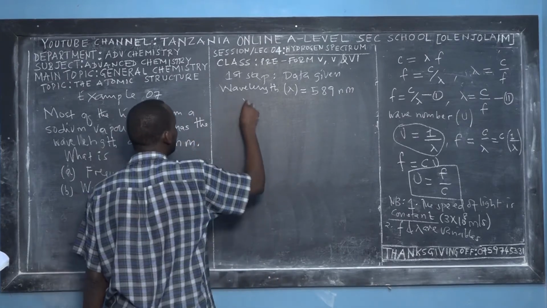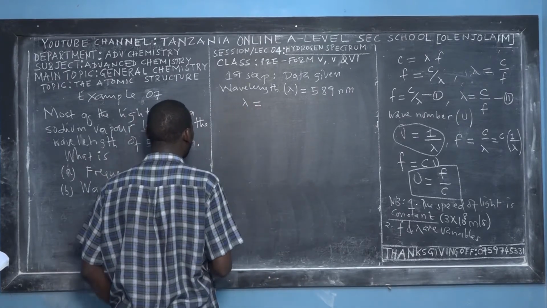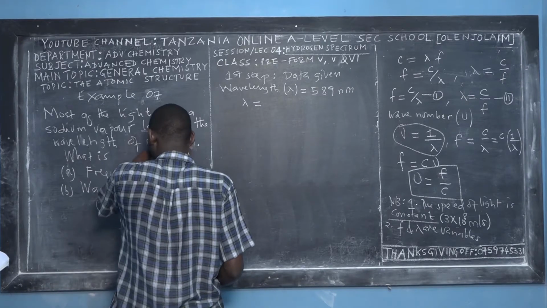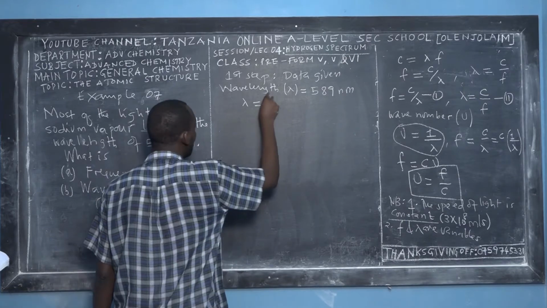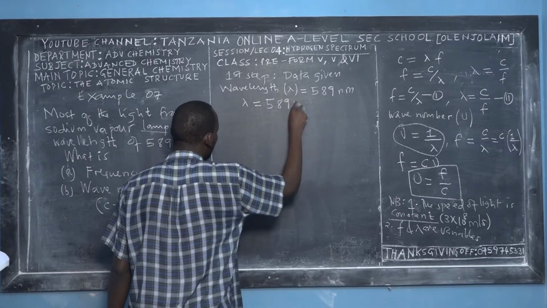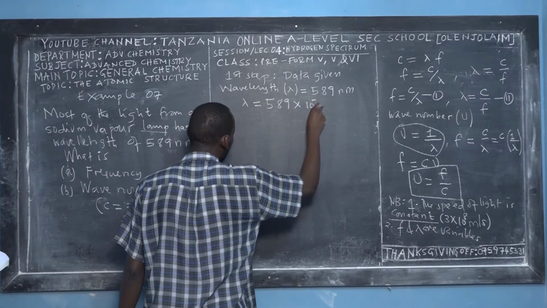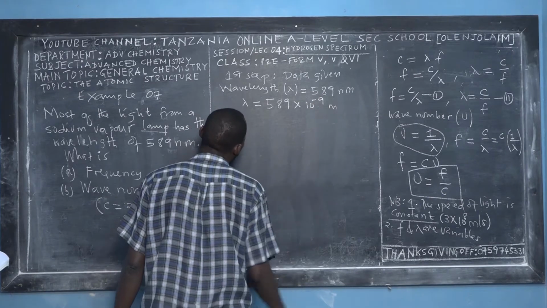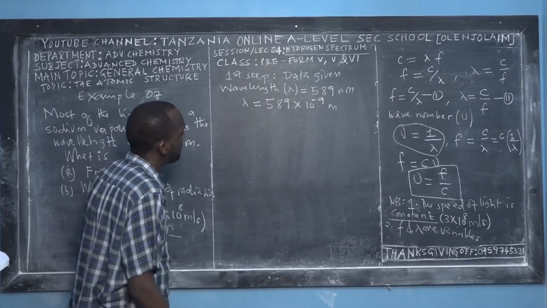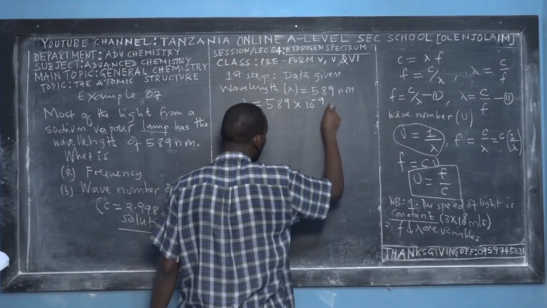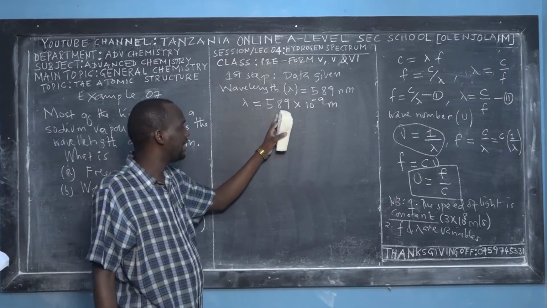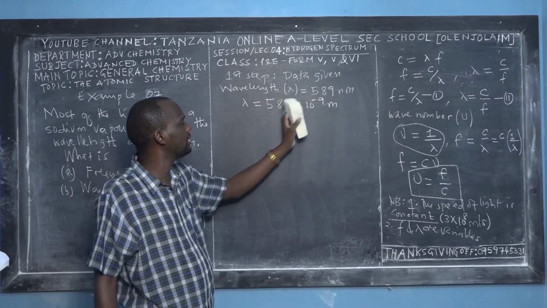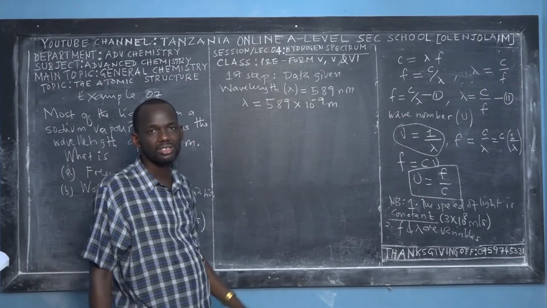If you convert this, the wavelength will be 589 times 10 to the -9 meters. It doesn't mean that the wavelength is always this far; I just took the distance in nanometers and changed it.